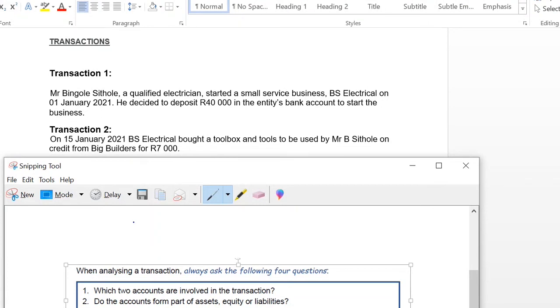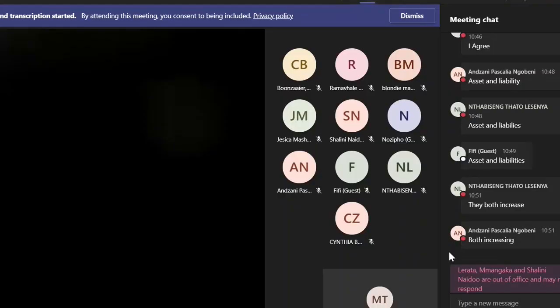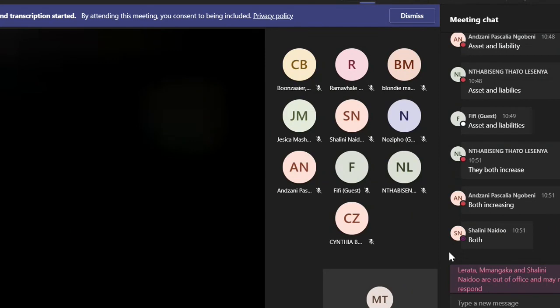Do you agree? Ntabi is saying they both increase. Andy is saying both are increasing. Charlene is saying both are increasing also.